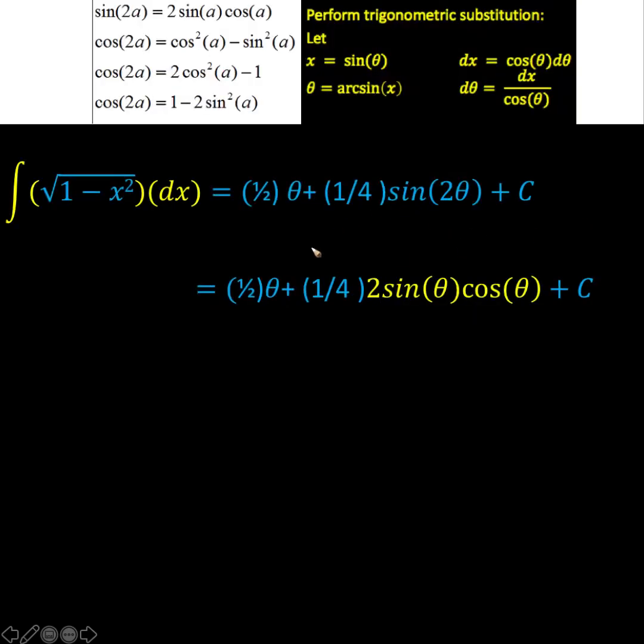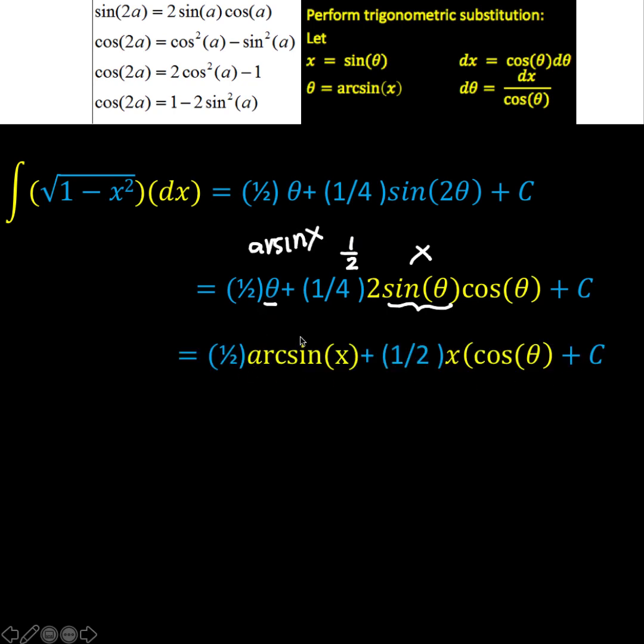Remember that from our prior substitution, we have sine of theta is equal to x. So that means this sine of theta, we can replace with x. This 1/4 times 2 becomes 1/2. And this theta is equal to arc sine of x. And so, we now have this next line.